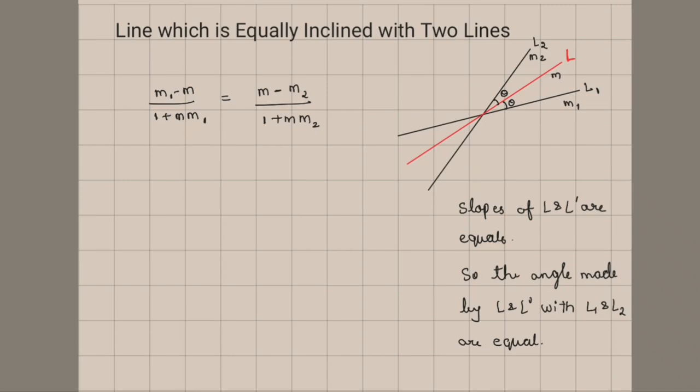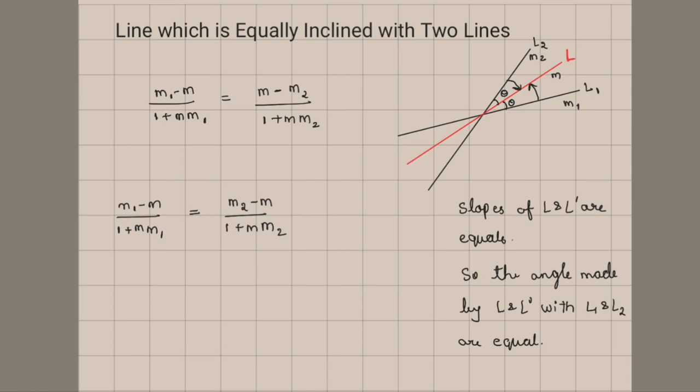If you haven't done it in an order, for the first angle I have subtracted the slope of L1 from line L, and I have equated it with M2 minus M by 1 plus M into M2. And for the second one, I have subtracted the slope of line L from L2, which is in the opposite direction.